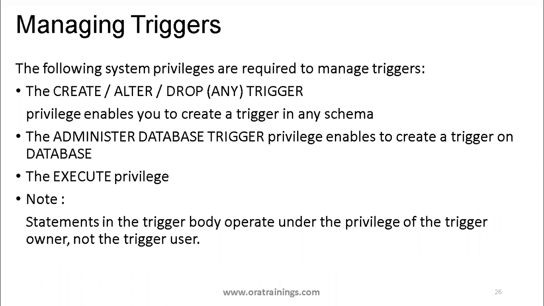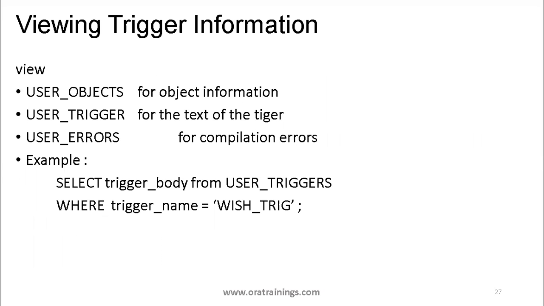Okay, now how do you manage it? The following system privileges are required to manage triggers, right? You need to have appropriate privileges, then only your particular schema can execute those triggers. Now, how can you view the trigger information? We have a set of database views using which you can get the trigger information.